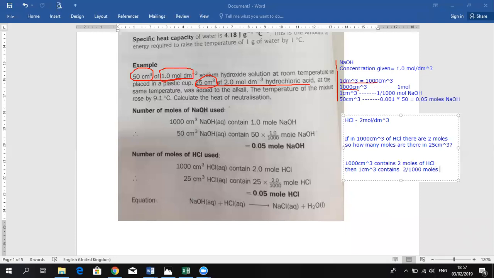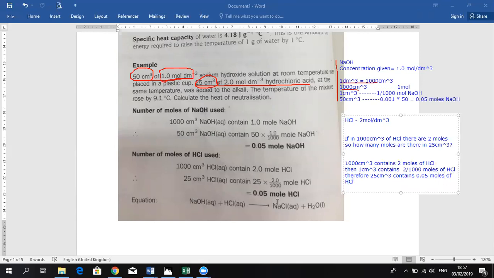Correct, right? Yeah? Or let's go back to the apples. Therefore, 25 centimeters cube contains 2 over 1,000 multiplied by 25. You see that there? Yeah. And you're going to get 0.05 moles of HCl.